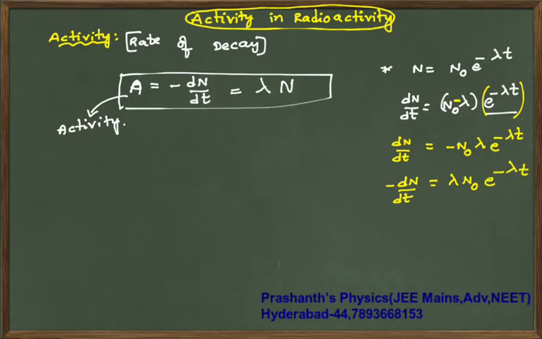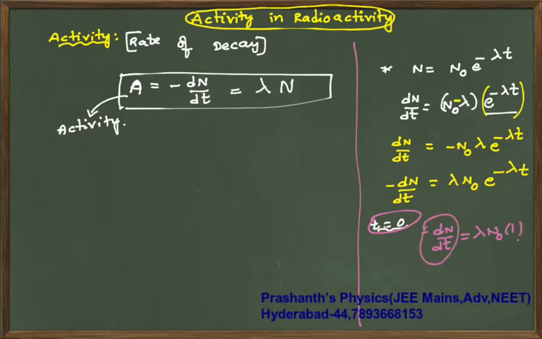Now at t equal to 0, if I substitute, minus dn by dt becomes lambda n naught times e power 0, which is 1. This lambda n naught you are calling A naught, which is the initial activity.